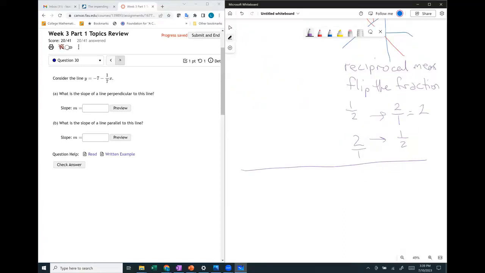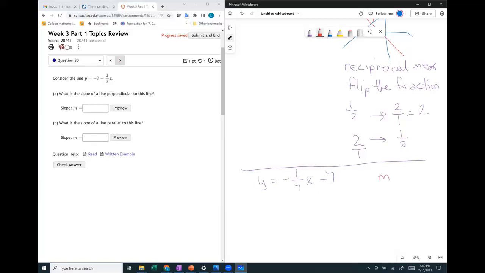All right. So consider the line y equals -7 minus 1/7 x. We're going to put this into our slope-intercept form, which I think will be easier for you to see. I'm just changing the x and the constant. So what is the slope of the line perpendicular to this?